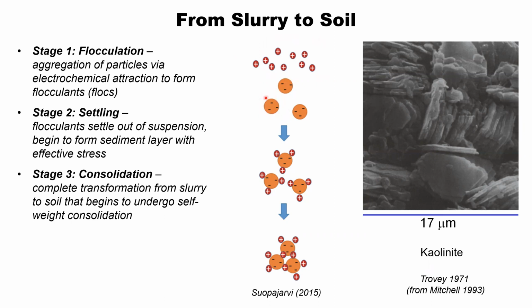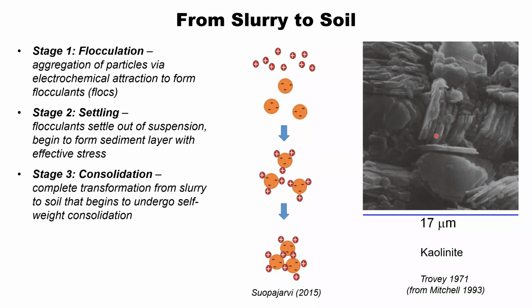A lot of silica-based particles have a net negative charge on their surface, and so these flocculants are attracted to the surface of these particles, and that creates flocs of material that then become ultimately heavier as those flocs start to grow into larger flocs.